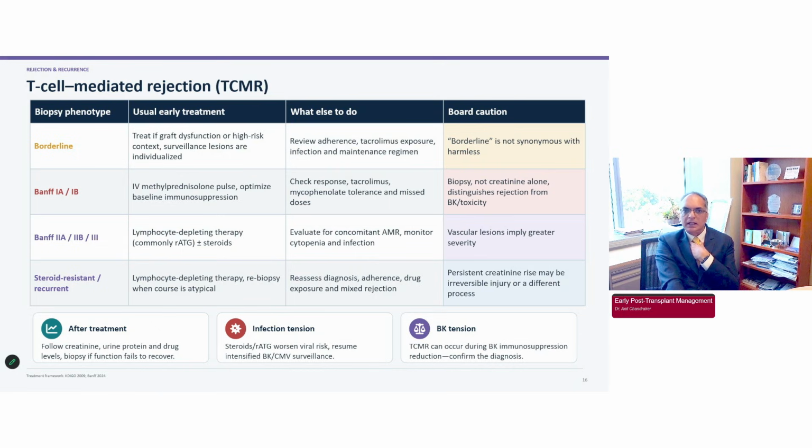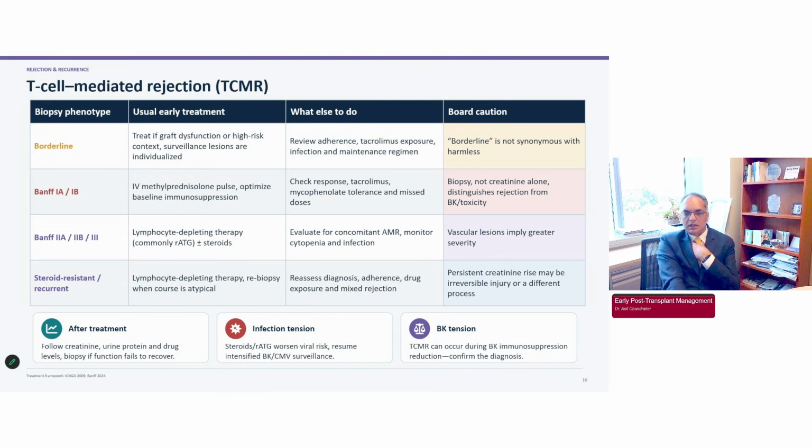Usually 1A, 1B is treated with IV methylprednisolone with optimization of baseline immunosuppression. 2A, 2B, or 3 would be an indication for lymphocyte depleting therapy, commonly ATG, in some cases alemtuzumab. It is important when you have severe T-cell mediated rejection that you carefully evaluate antibody-mediated rejection.